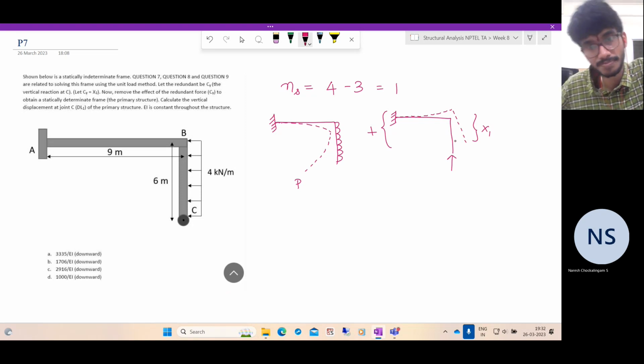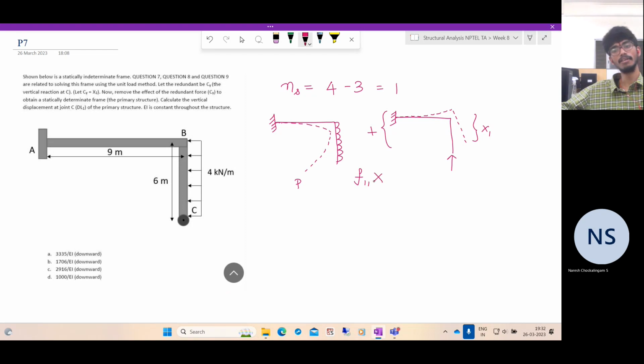Now, what is the compatibility condition? So the compatibility condition is F11 x1 plus d1L. So this displacement is F11 x1 and this displacement is d1L. The compatibility condition is this because there is a restraint there.